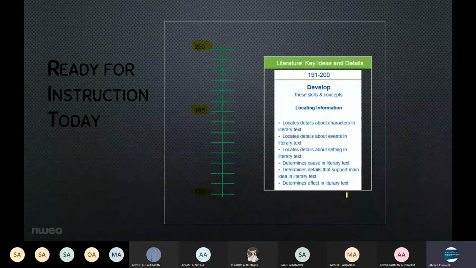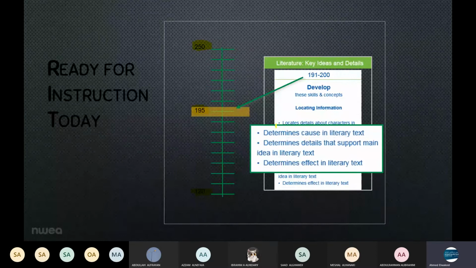So if the student gets an average of, for example, 195, here we need to determine the causes and the characteristics. These are the areas in which we need to work.